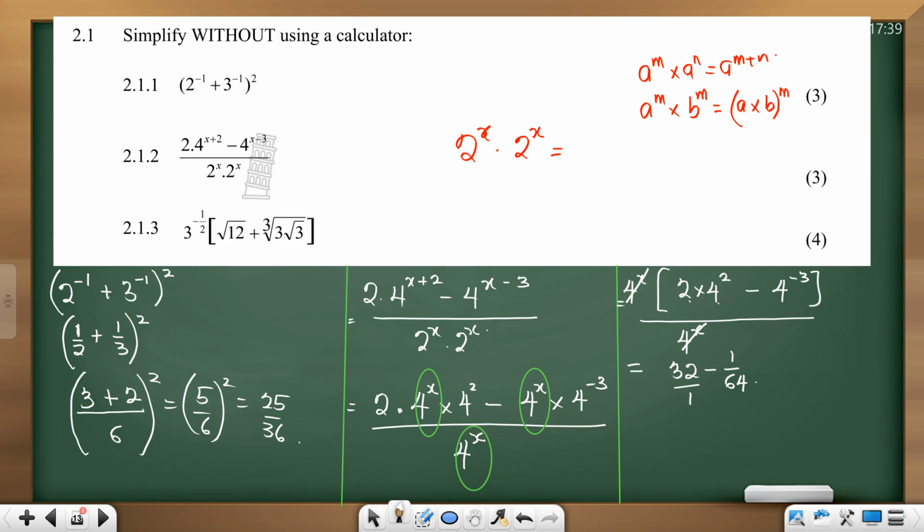Again, I don't want us to use calculators. We need to do this smartly. But in this case, it's fine. You can use a calculator to just manipulate that. What is 32 times 64? See, I'm doing that again.